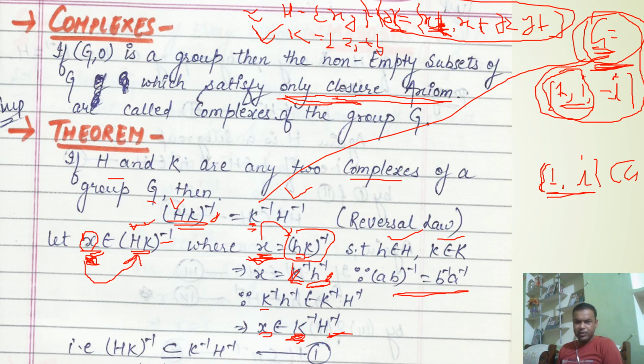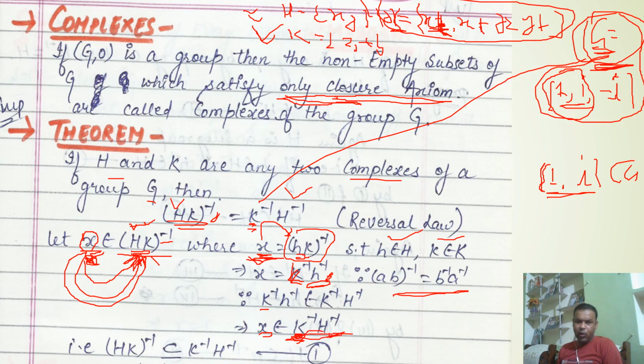Now we will use a very popular result of set theory. If I am writing this, x belongs to this set. Here x belongs to (HK) inverse, and again I am showing that each element which belongs here belongs to another set, K inverse H inverse.